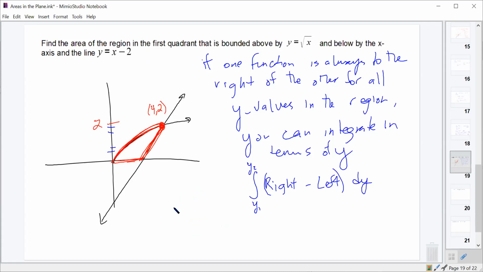And so we'll have to turn these into terms of y. So instead of y equals x minus 2, we need x equals y plus 2. And instead of y equals root x, we need x equals y squared. Good or no?